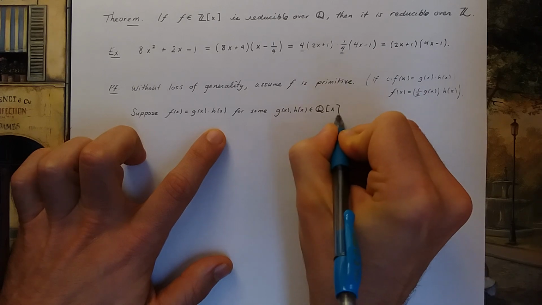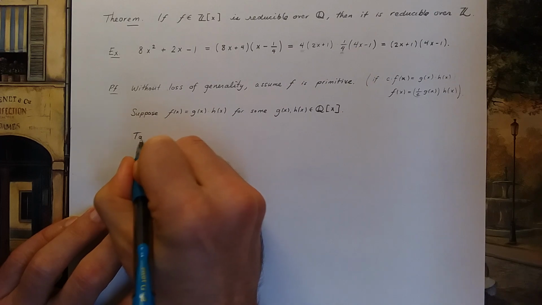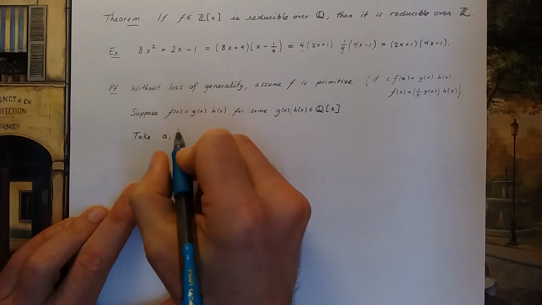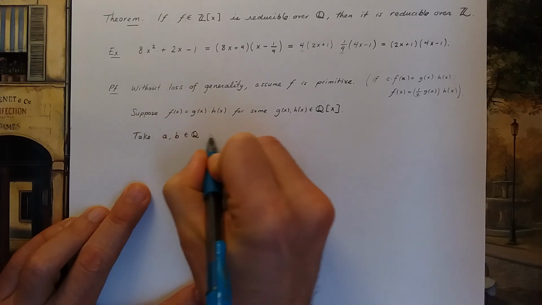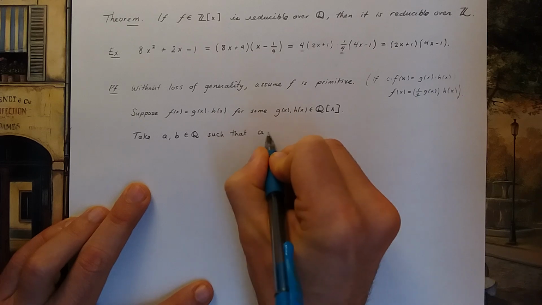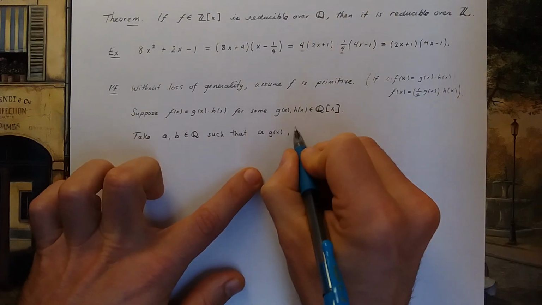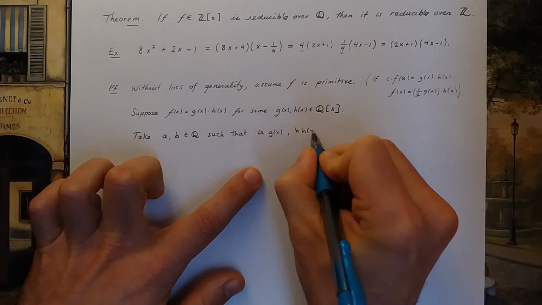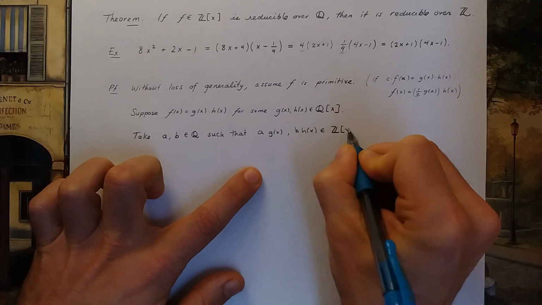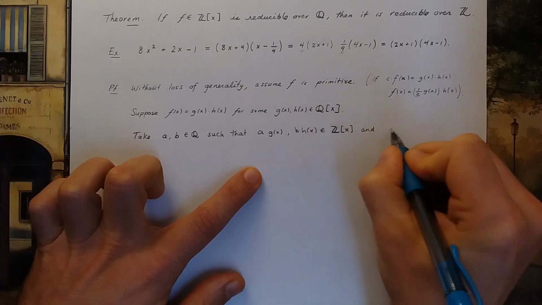Now I'm going to take a and b rational numbers such that a times g of x and b times h of x have integer coefficients and are primitive.